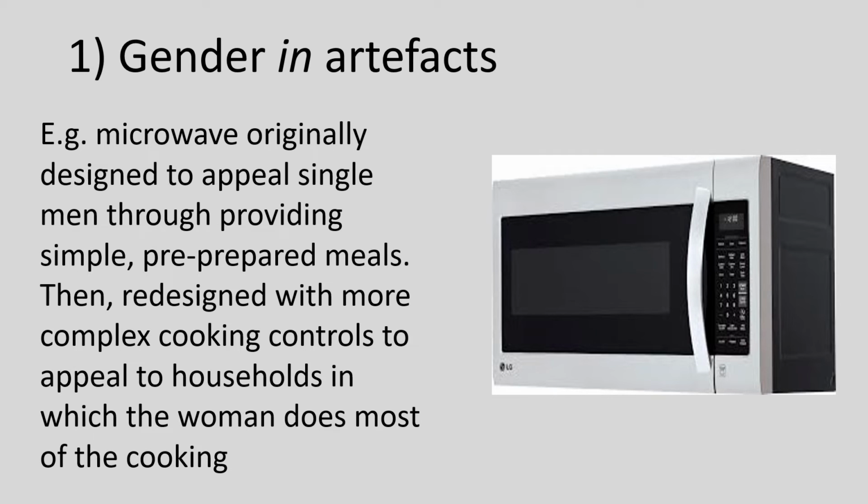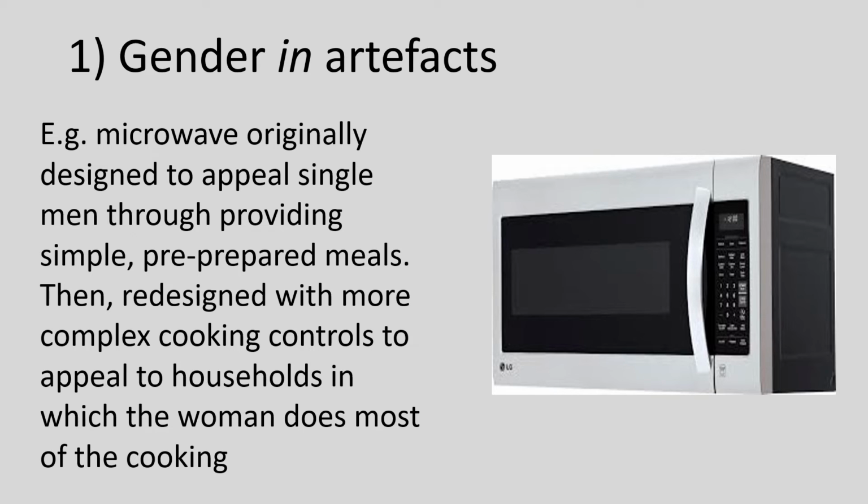All right, so to take the first point about gender in artifacts, we can look at the microwave as an example of this process. The microwave was originally designed to appeal to single men through providing simple pre-prepared meals. Then it was redesigned with more complex cooking controls to appeal to the household in which the woman does most of the cooking. So here a kind of gender identity is built into the product itself.